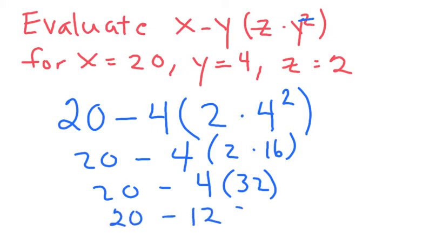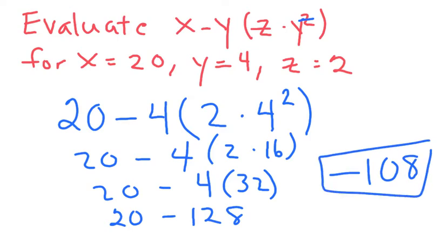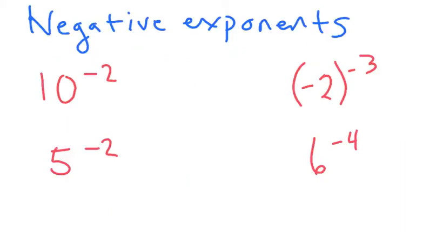So now we got 20 minus 128. And so the answer is negative 108. That's the answer. Many of you wanted so badly to do this first because it comes first in the problem, but it comes last in the order of operations. All this has to get simplified before you can subtract.